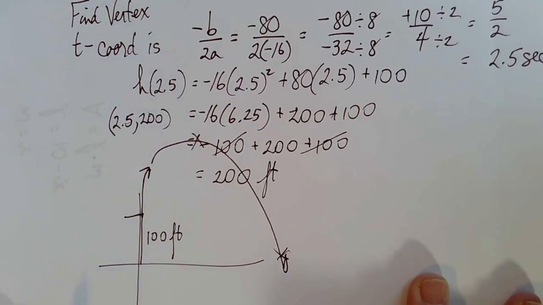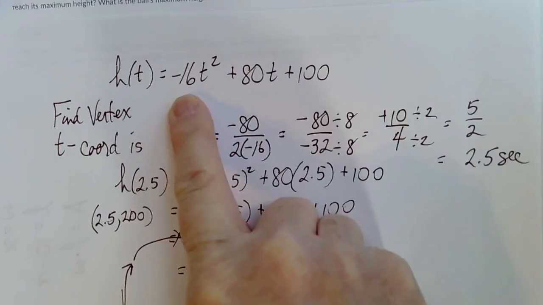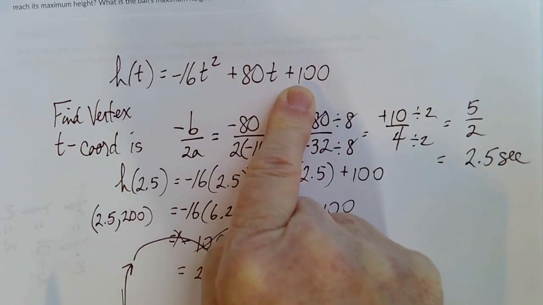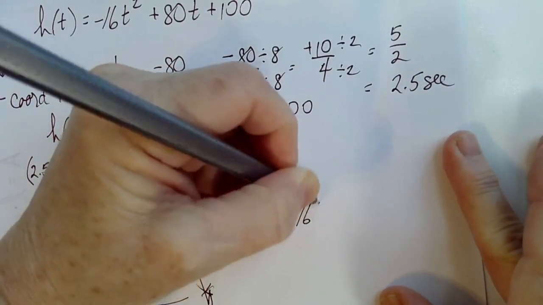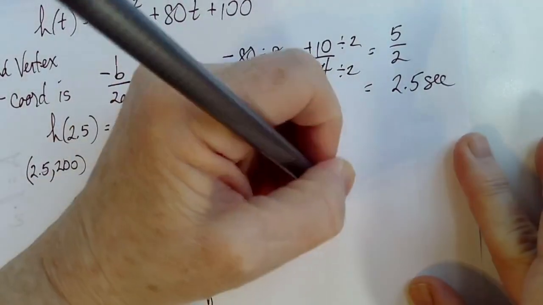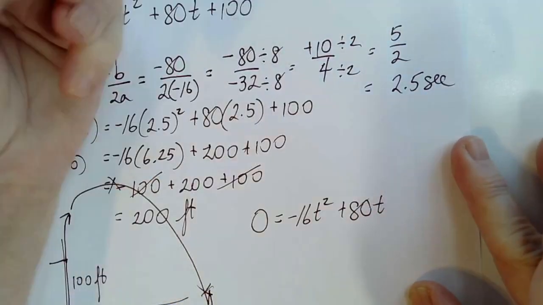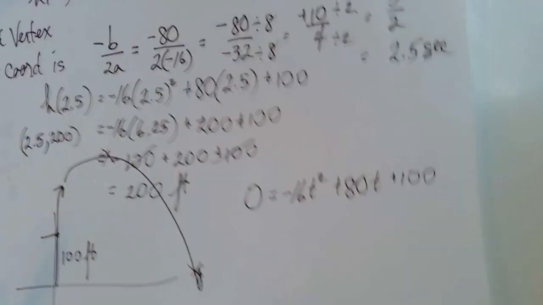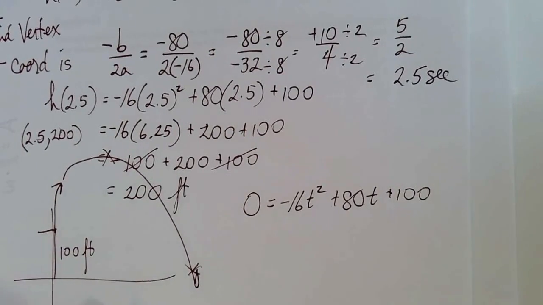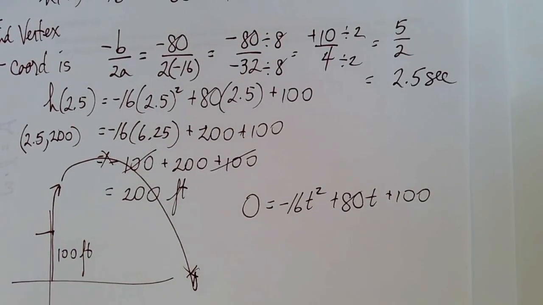Well, that means we want to set our original quadratic equal to 0 and solve for t. So we've got 0 is equal to negative 16t squared plus 80t plus 100. And just like we did on the previous problem, I want to divide out this common factor. I see that 4 is common.